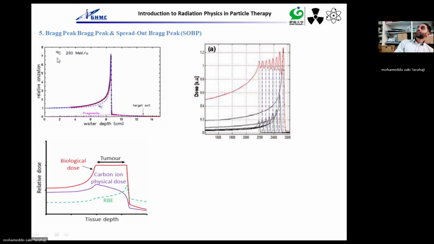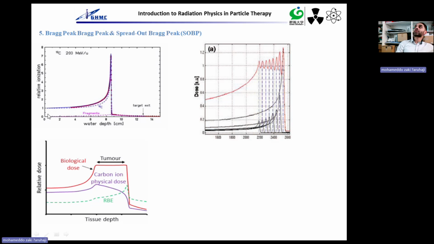So particles, excitation, ionization, multiple Coulomb scattering, and nuclear interaction is happening while they're traveling along the path. Now, when the nuclear interaction is happening, it's very low, but it is happening.